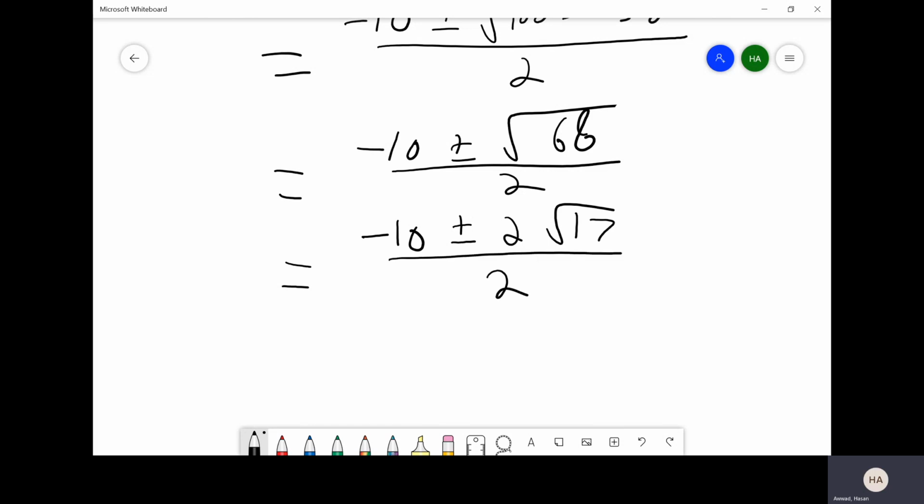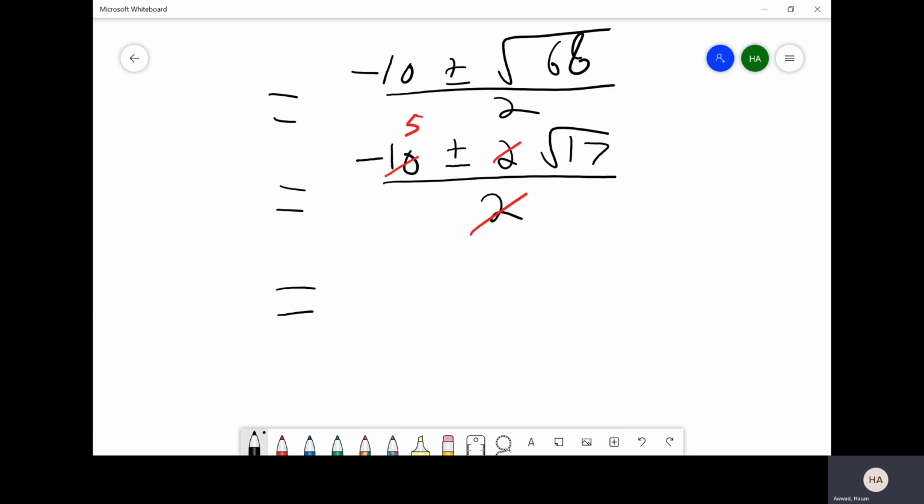And now what you say to yourself is, oh, I have an even number on the left, I have a negative 10, and I have another even number, 2 times square root of 17. So my 2 in the divisor is going to cancel out with all of these, and I'm just left with the negative 5 here. So what am I really left with?